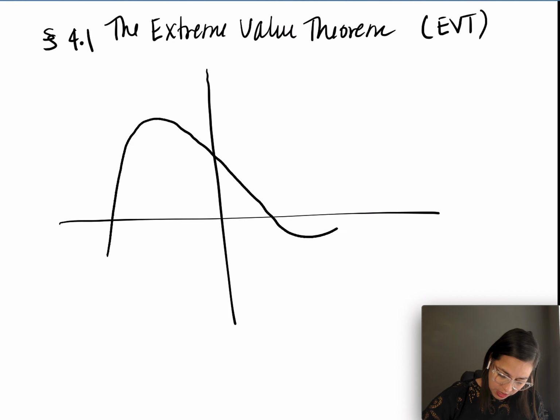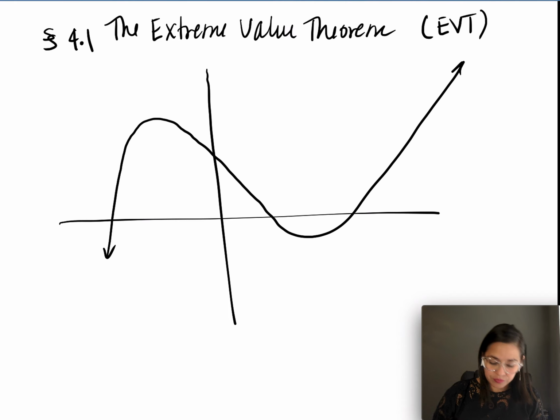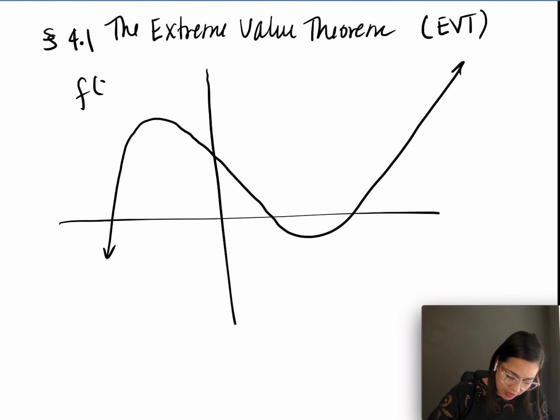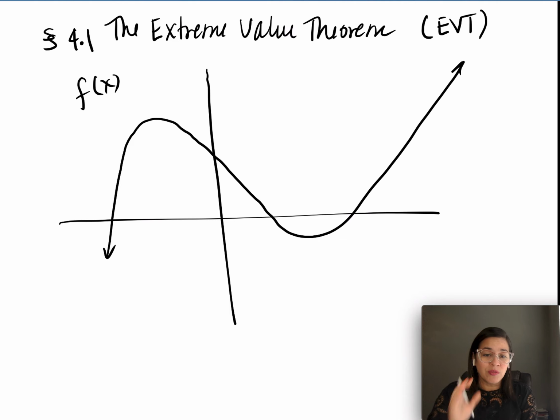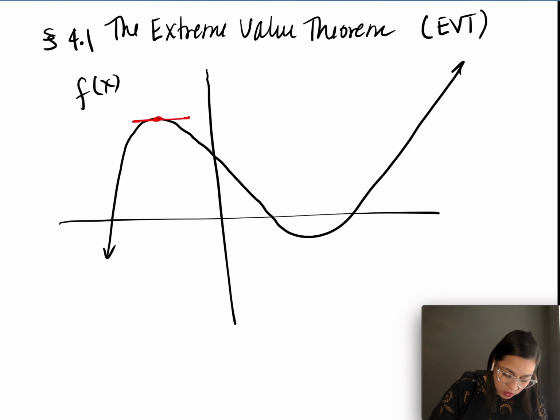I'm going to go with something like this, and then like that, and then like this, right? That's my graph. I'm going to call this f. This is the graph of f of x. Now, if you look at it, here, whatever this value is, this is a local max, right?